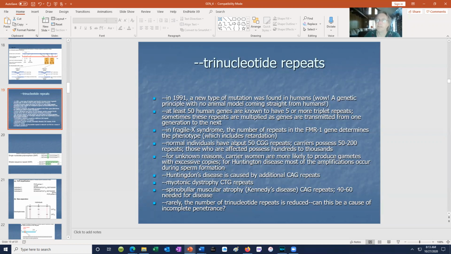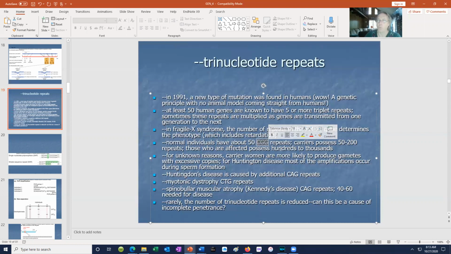And what was discovered was that a place which mutates frequently is what's called a trinucleotide repeat area. So, for example, in Fragile X syndrome, there is an area where there are these trinucleotide repeats, CGG, CGG, CGG, CGG. So the genetic sequence just has this triplet over and over and over again.